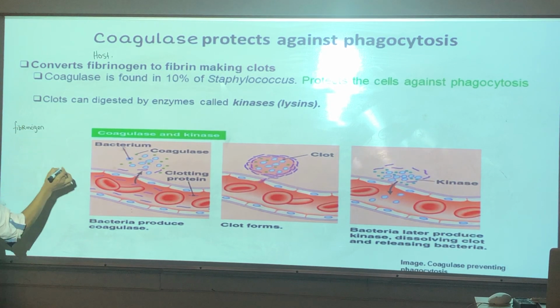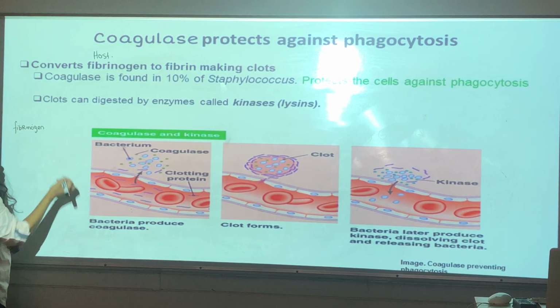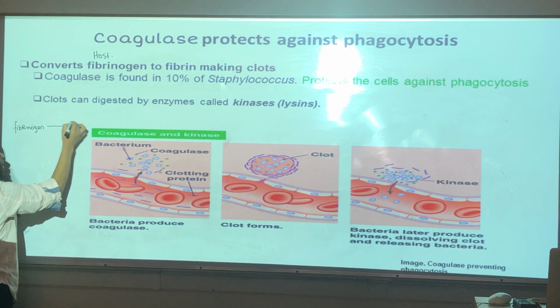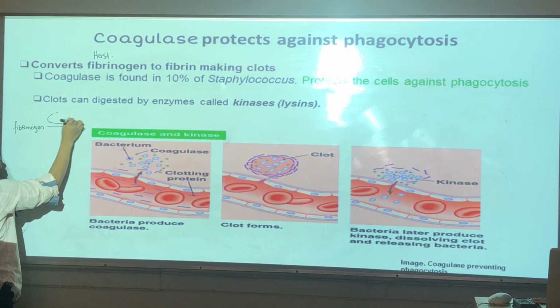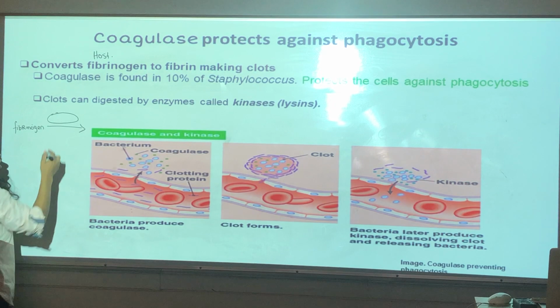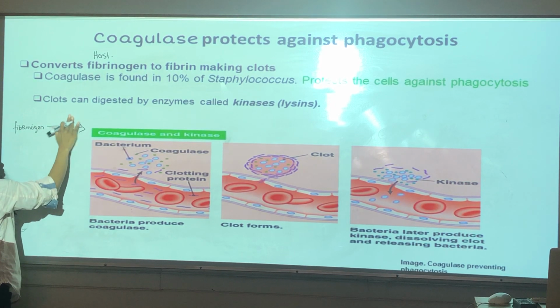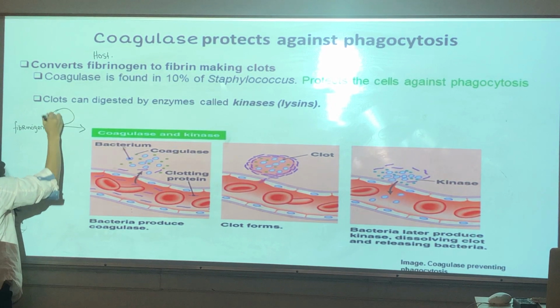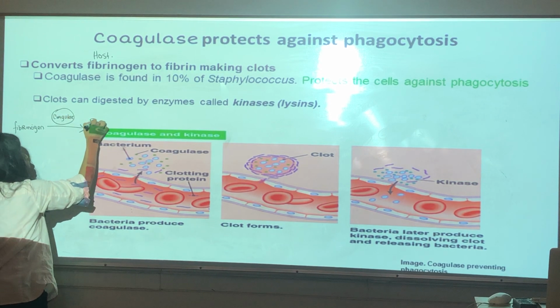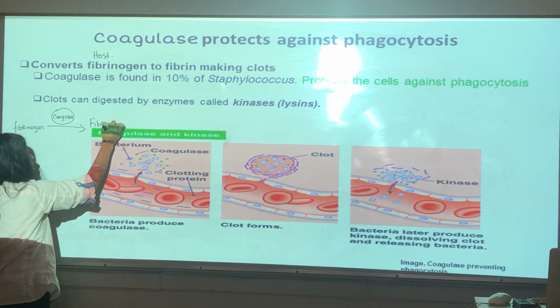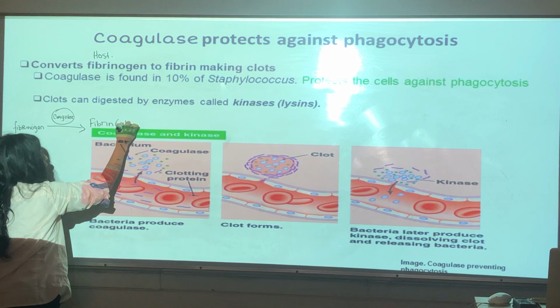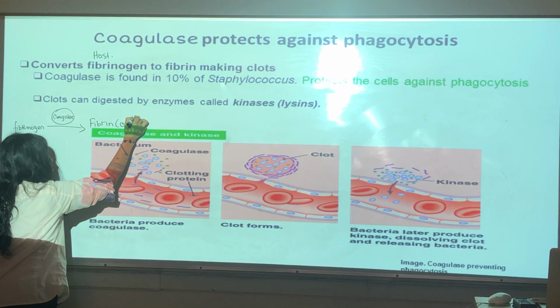So again, the fibrinogen is going to be found in your whole cells, right? The bacteria now come along, so we'll make a little rod-shaped bacteria, and actually let's put a round shape because we're going to talk about round bacteria. So the bacteria comes with their coagulase, and they're able to convert it to fibrin. And fibrin is a clotting factor, right?